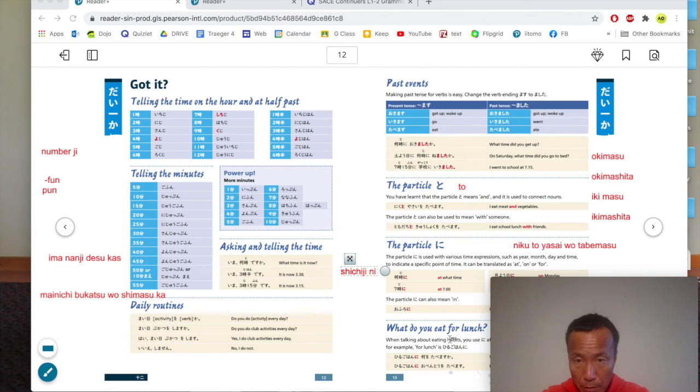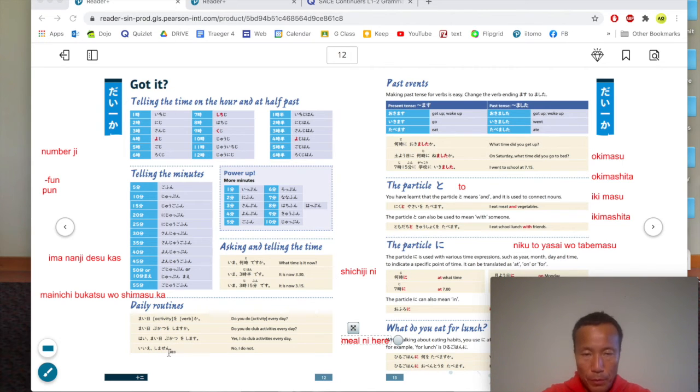Last one is what do you eat for lunch? If you put the meal here, meal に means for lunch, for dinner. 何を食べますか?